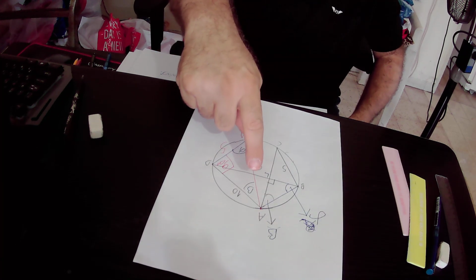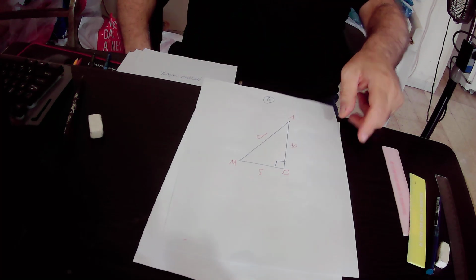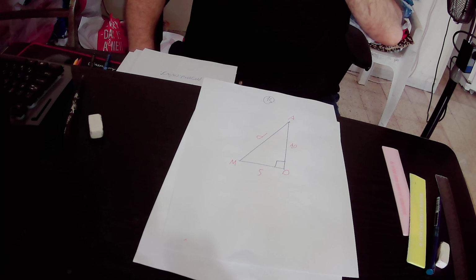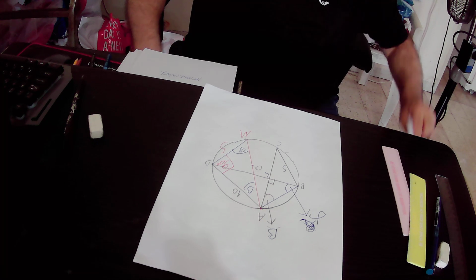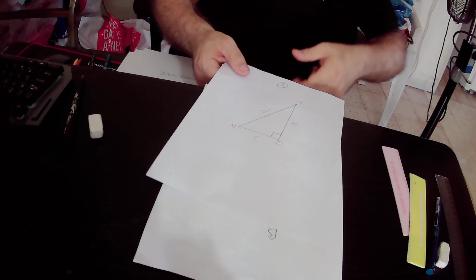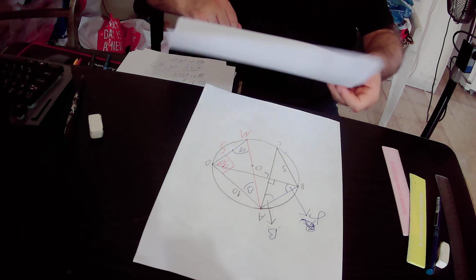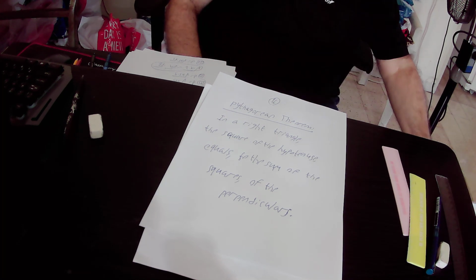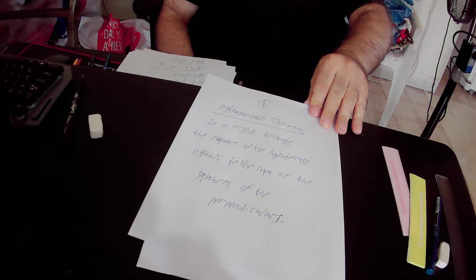We wrote that AM, we called it D, abbreviation for diameter, and we used the Pythagorean theorem in order to find out the value of D. According to the Pythagorean theorem, which applies only to right triangles, in a right triangle, the square of the hypotenuse equals the sum of the squares of the perpendiculars.